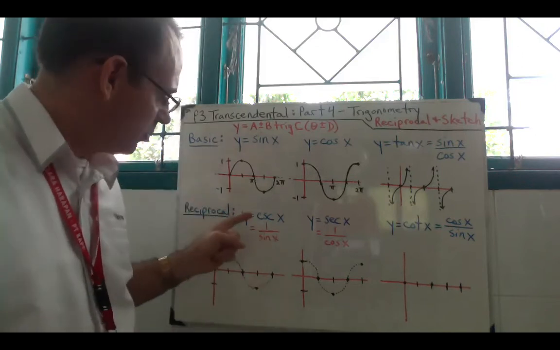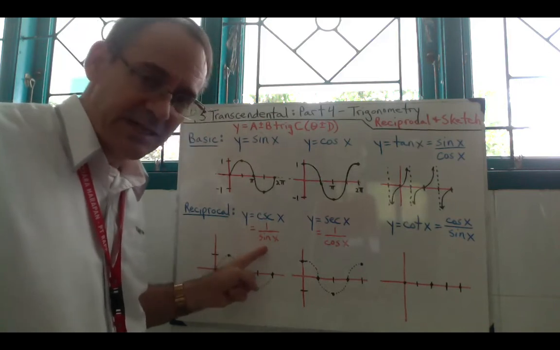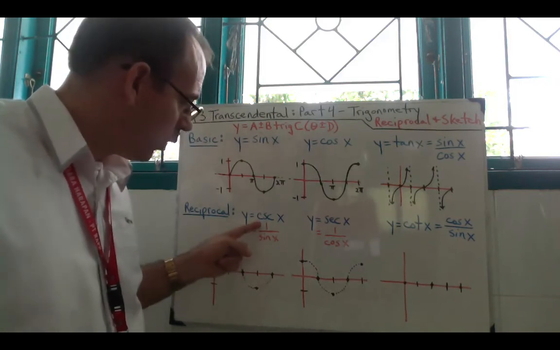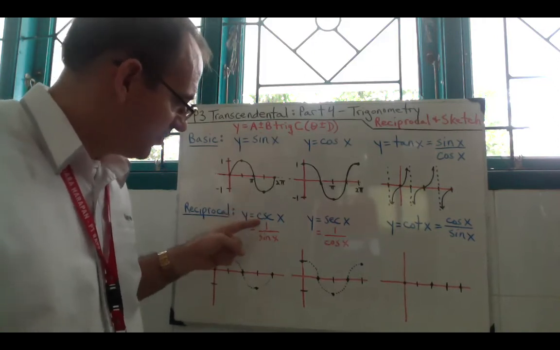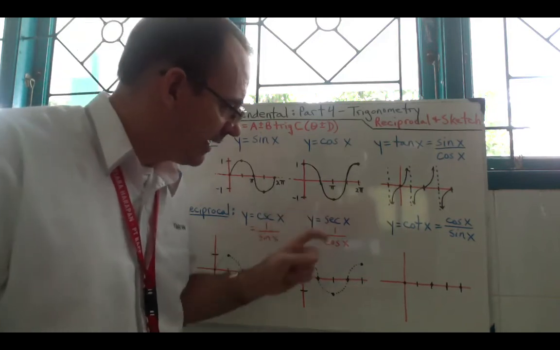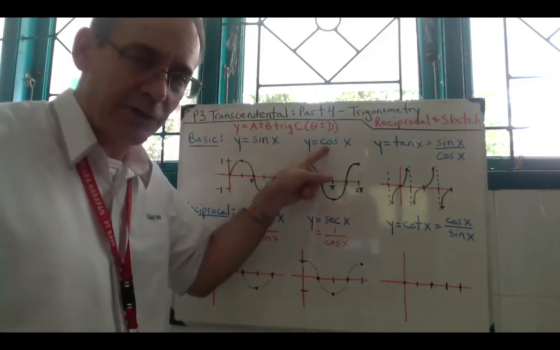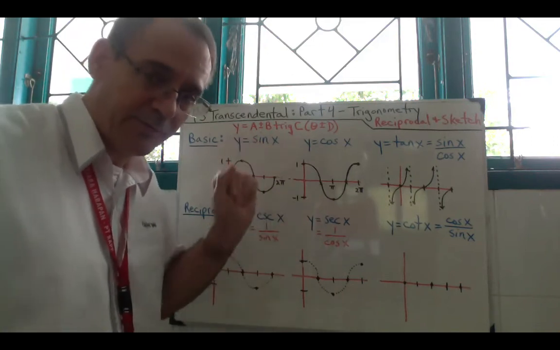So cosecant is the reciprocal of sine. So in other words, cosecant x is the same as 1 over sine x. Secant x is the reciprocal of cosine.